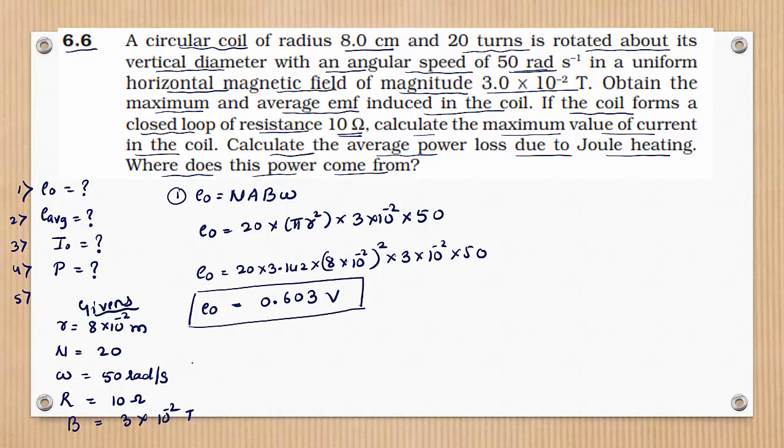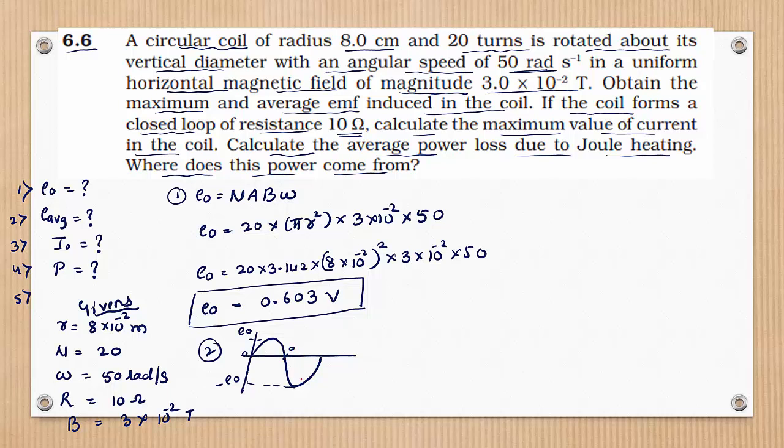Then the second question: we have to find the average value of EMF induced over one complete rotation, one complete cycle. Remember, the average value over one complete cycle is always equal to 0, because whatever current is induced in the coil is alternating current. For one complete cycle, it starts with 0, reaches the maximum value E naught, then the negative maximum minus E naught, and again 0, and so on.